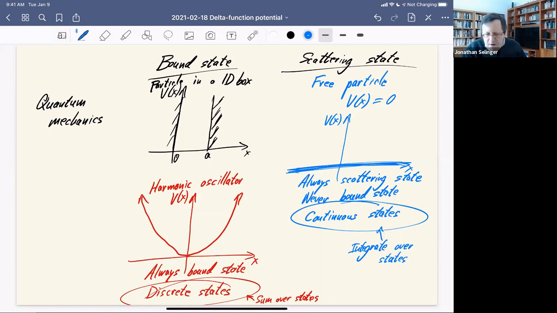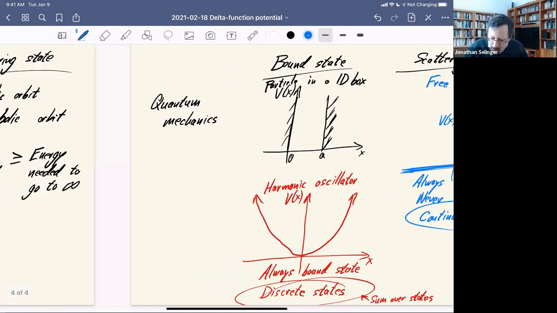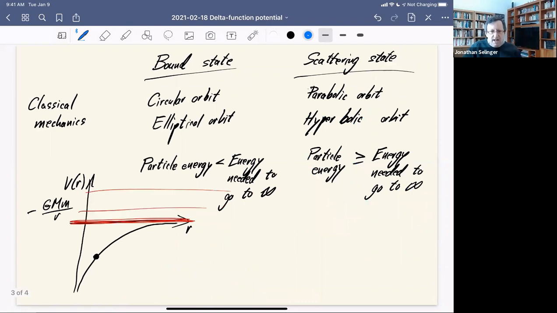And it kind of makes sense that there should be a single problem with both of these features, because that's what we have in classical mechanics. In classical mechanics, we know that the gravitational potential energy can have both kinds of states, bound and scattering.